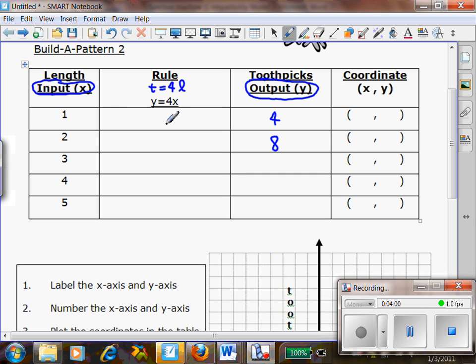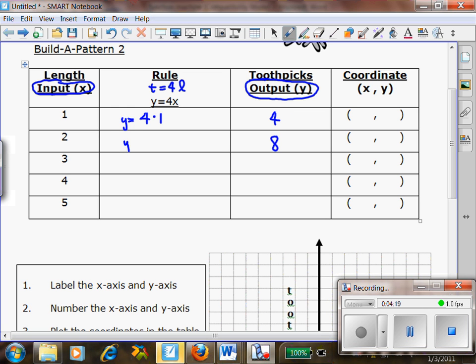X's and Y's only. So if I just plugged and chugged, I would say that the length or input is X. So if I follow my rule, Y is equal to 4 times 1, then that's equal to 4.